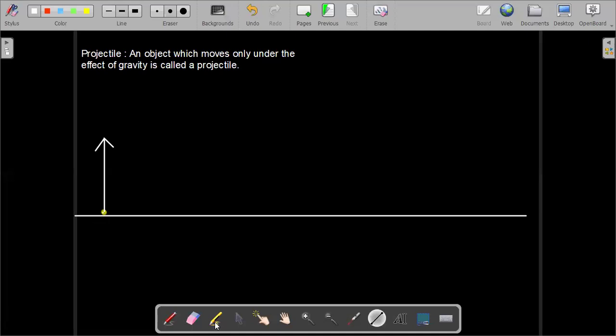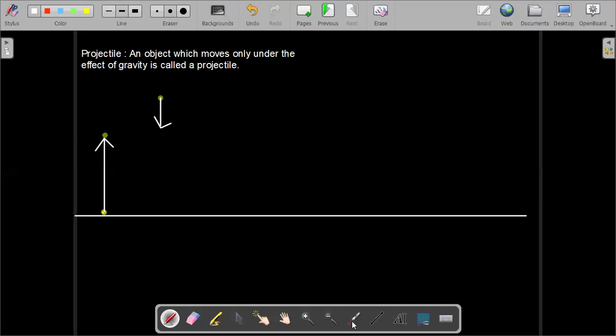So this is an example of a vertical projectile. Even a free fall, if something falls freely, is also an example of a vertical projectile, as it is also under the effect of gravity. The only force that acts over here is gravity. A vertical fall and a vertically thrown upward object are all examples of vertical projectiles.